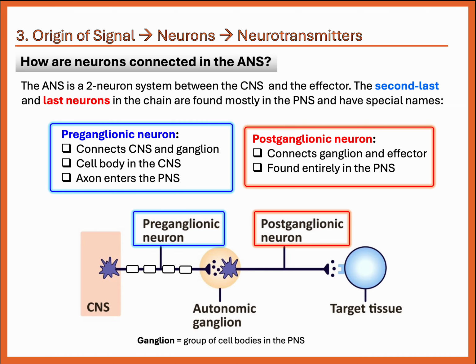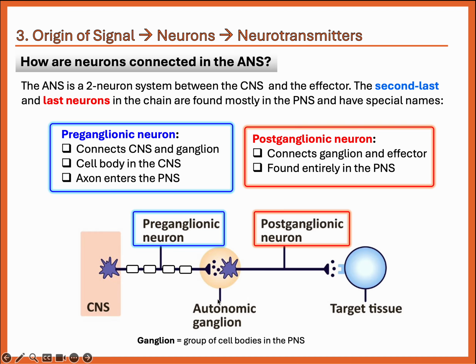The ANS is a 2-neuron system between the CNS and the effector. So over here you have the CNS. This could be the spinal cord or the brainstem. The neuron exits, that's your preganglionic neuron, and releases neurotransmitter onto another neuron. And then this neuron is the postganglionic neuron that goes to the target tissue, the smooth muscle, cardiac muscle, or gland.